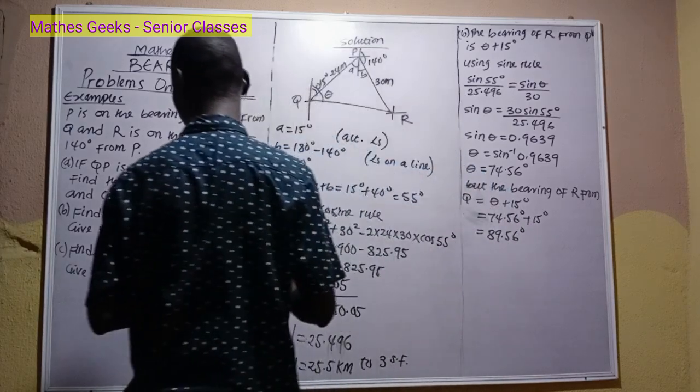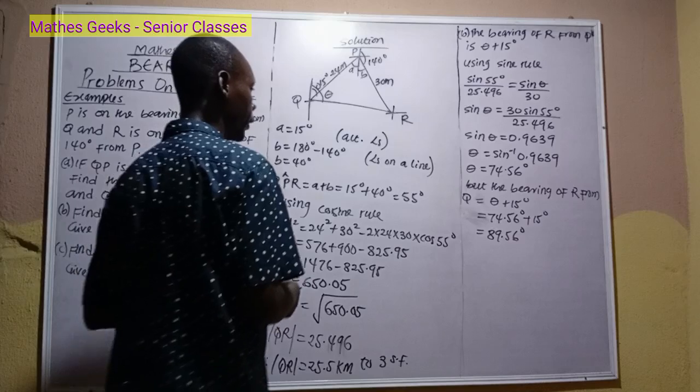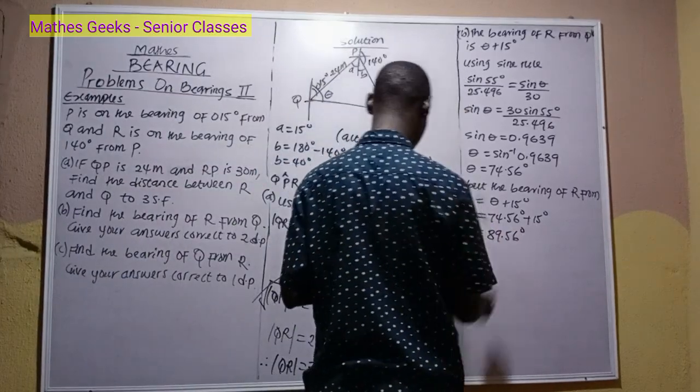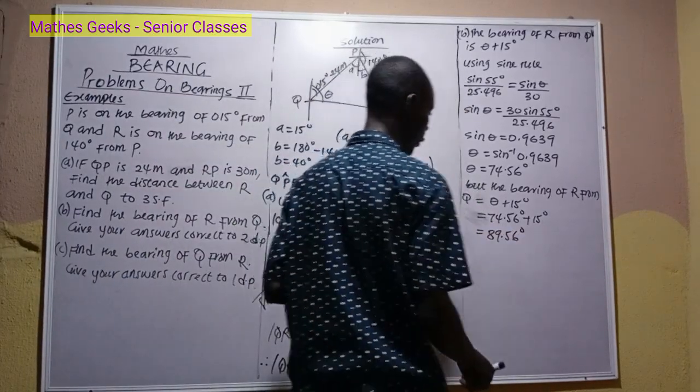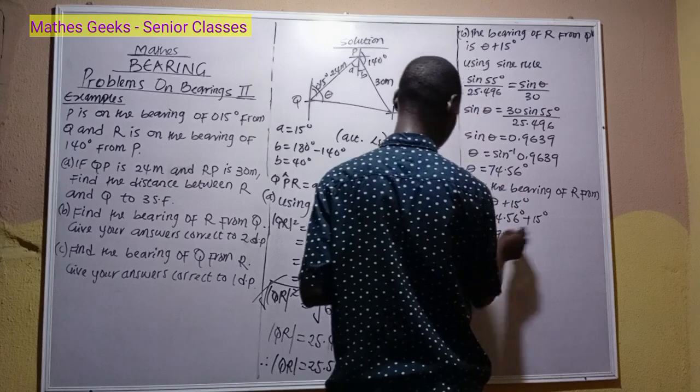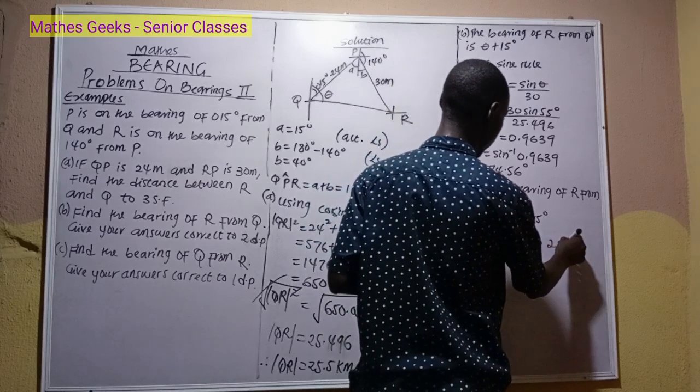The question says correct to 2 decimal places, and it's already correct to 2 decimal places.